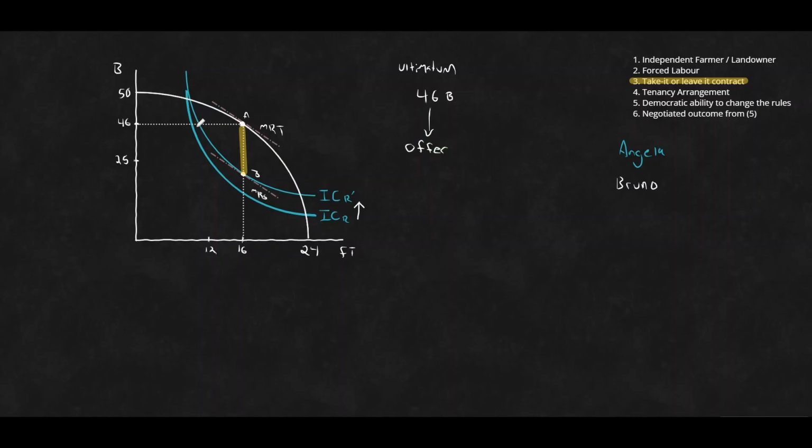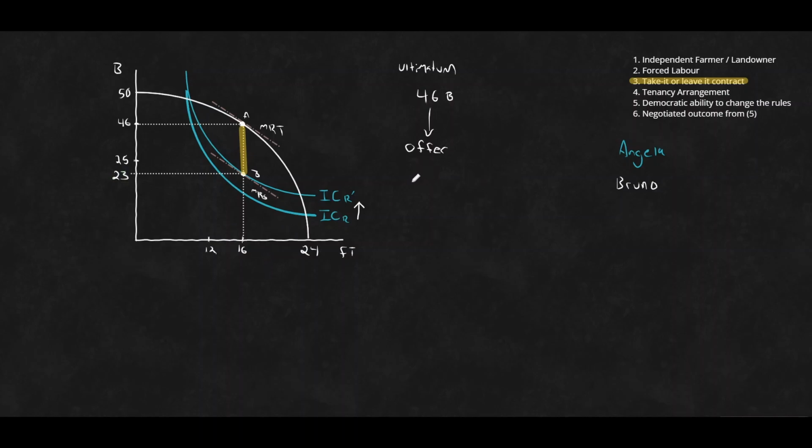And of course, Bruno could offer anything from 46 all the way down to Angela's minimum indifference point, and that is based off of her reservation price, the indifference curve. And in that scenario there, we would have, let's say, 23.